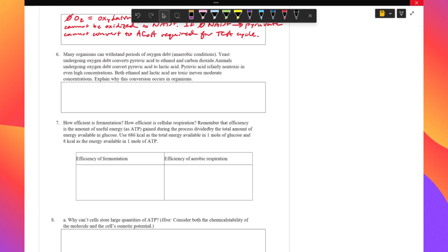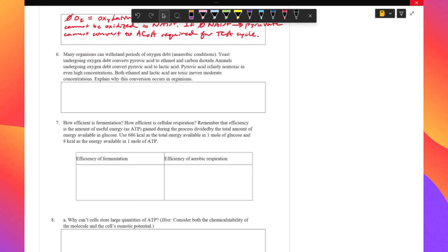So as we talked about in question 4, when no NAD+ is available, even glycolysis stops. No ATP will be produced. The cell or the organism will die if it cannot do some kind of respiration. So the conversion of pyruvic acid, pyruvate, to lactic acid or ethanol requires the input of NADH and generates NAD+. So this process is called fermentation. It's what makes a lot of foods and beverages delicious and allows the cell to continue getting at least 2 ATP per glucose.